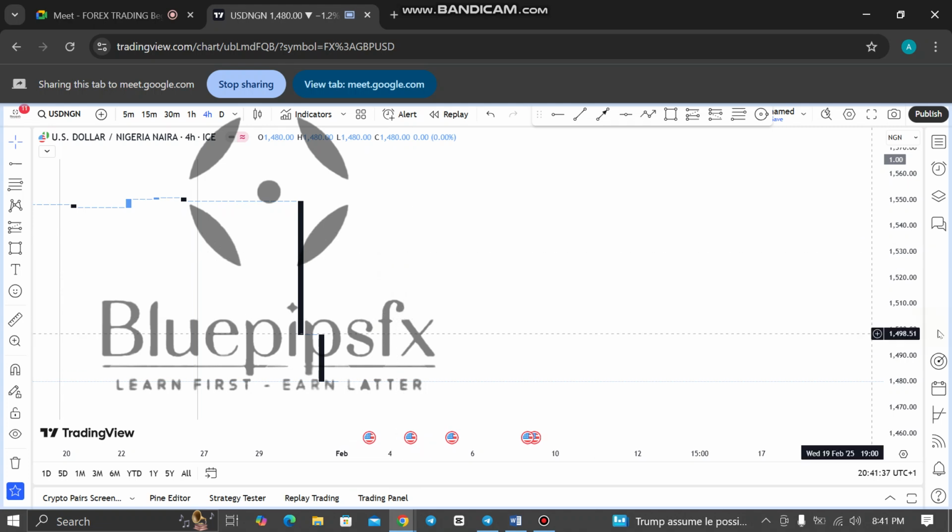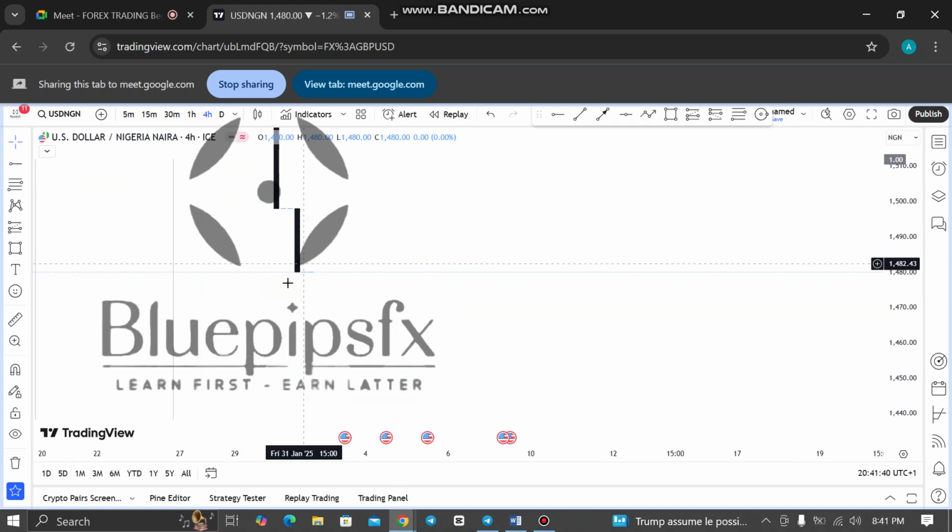Okay, I want to show you something. If you look at this position where my mouse is showing, what's the value written down there? 1,480. Now, that's the equivalent of $1 in naira. Can you confirm that? Yes. Voila.